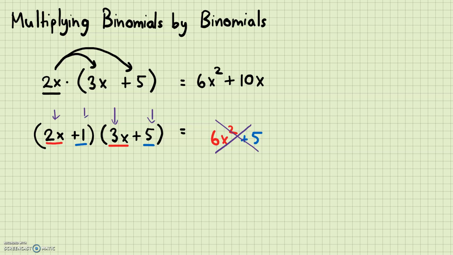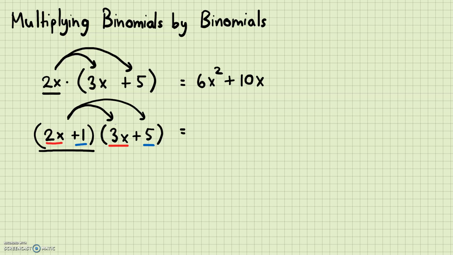So how do you multiply two binomials? Basically, it's the same concept as when you multiply monomials. You distribute, except you're distributing the whole thing. You're distributing the 2x plus 1 to 3x, and then also to 5.